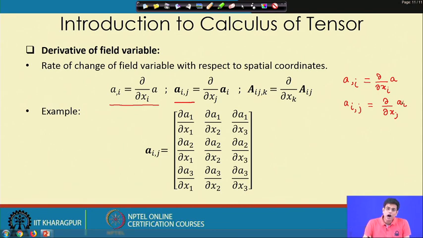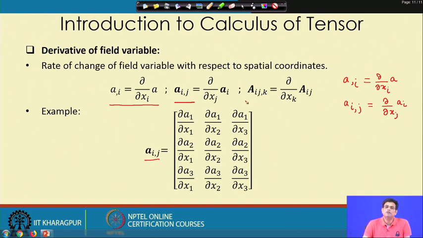So, the ith component of vector A is differentiated with the jth component of the spatial coordinate system, right. These are the spatial variables. If I expand it, it will form like this, where each component is differentiated with respect to the spatial system.